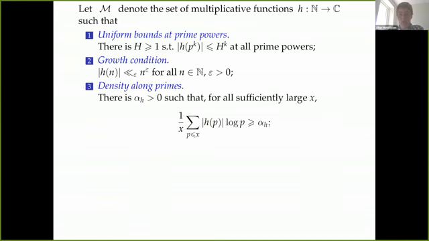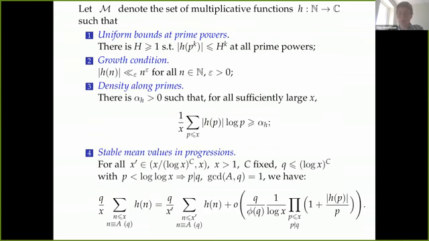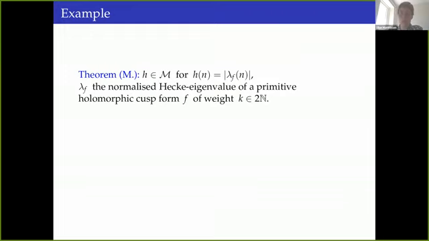It's a class of functions defined by a number of conditions. And in the interest of time, I will not say much more about these conditions, but go straight on to give you one interesting example of an element that belongs to this class of functions.